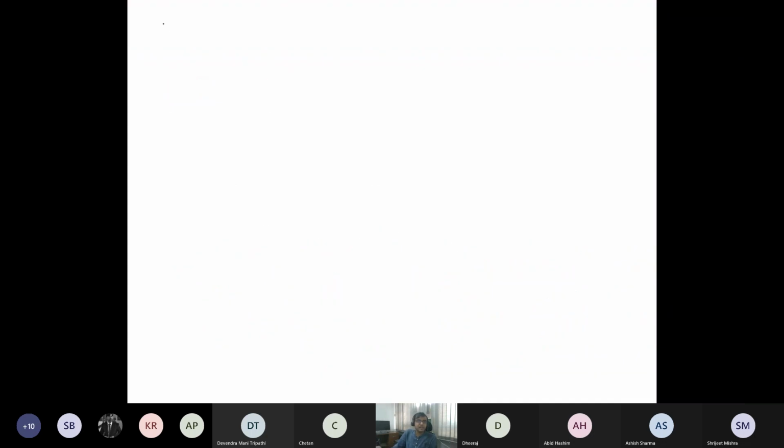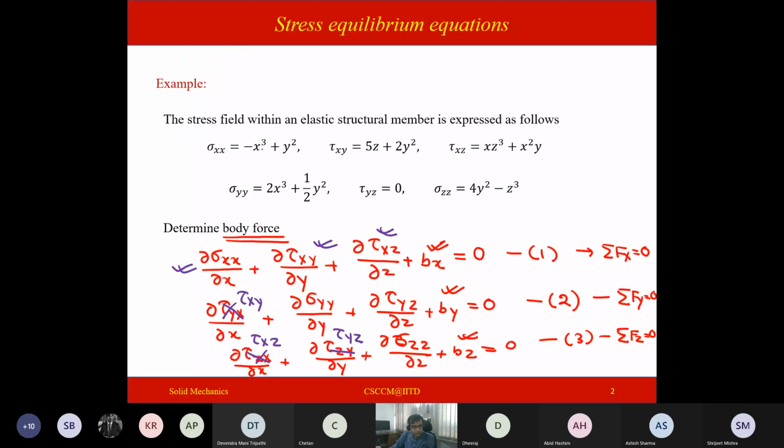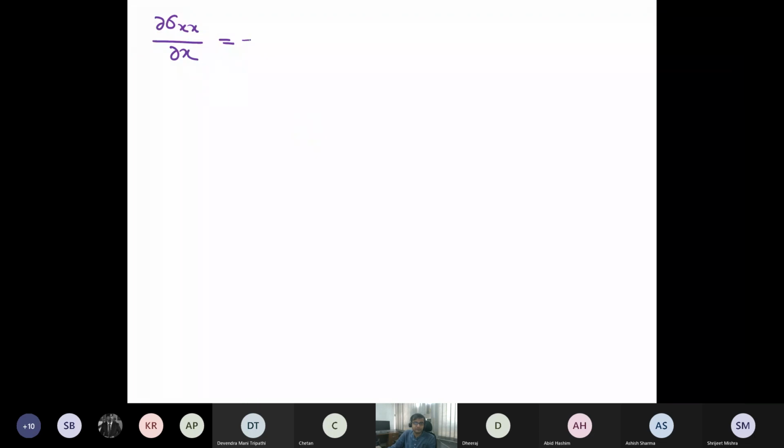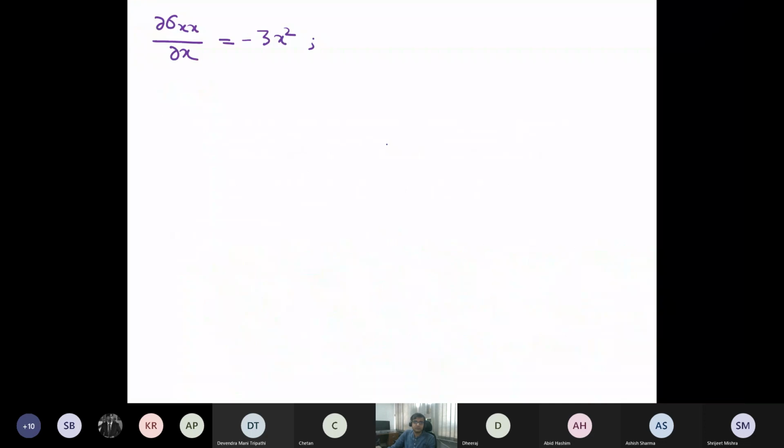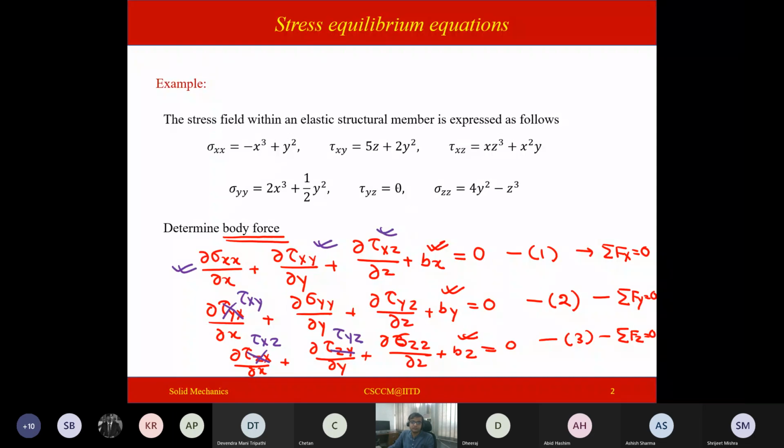So first is del sigma xx del x, and you are going to take the derivative with respect to x, so y is a constant in that case. It will be minus 3x square. And then for tau xy, you are going to take the derivative with respect to y. So z is a constant, and it will be 4y.